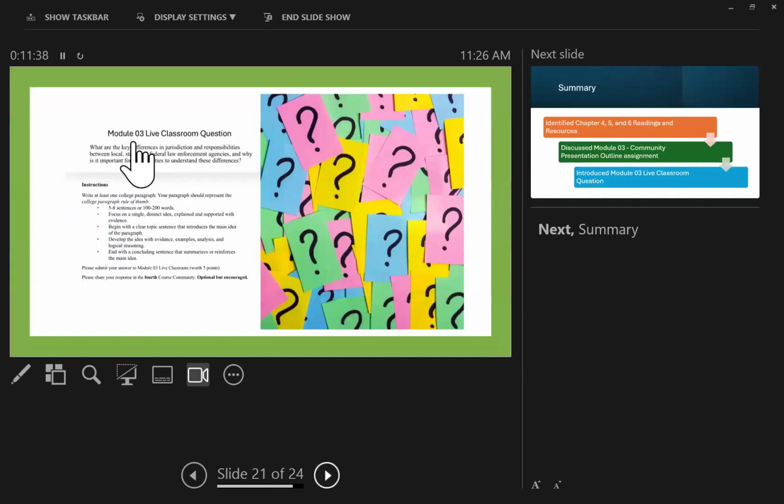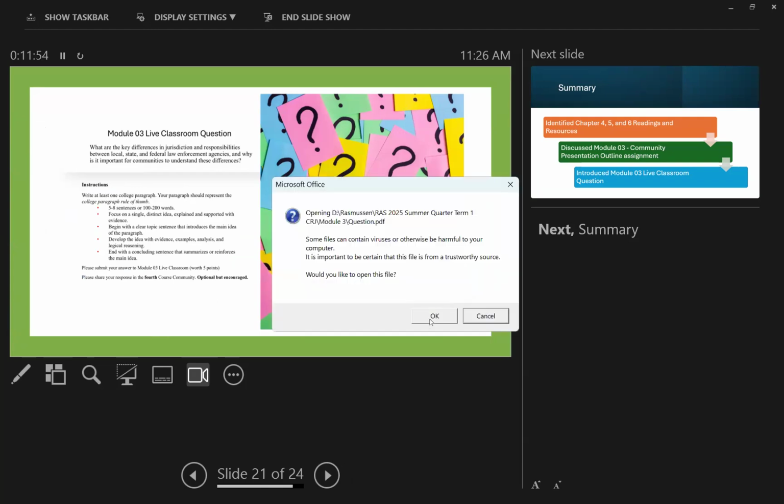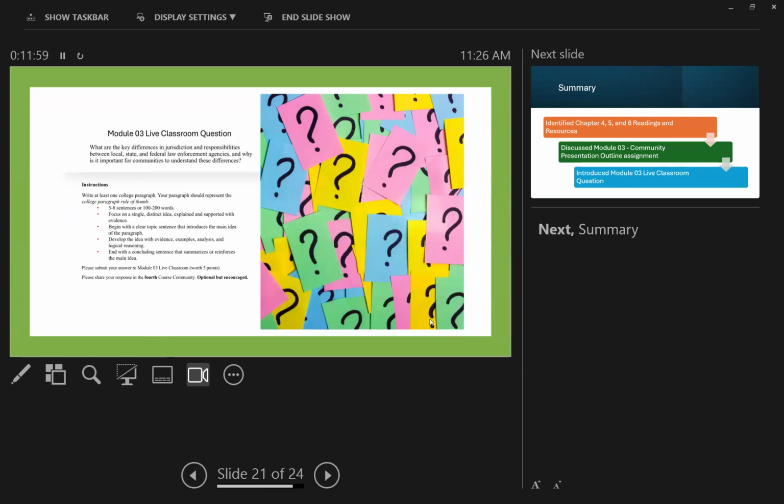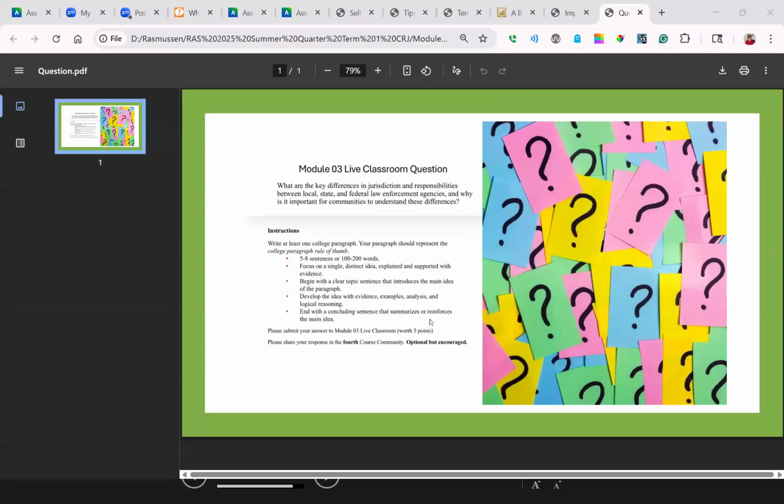Next, we're going to look at the Module 3 live classroom question. In case you're having problems reading that, I'm going to share another page with you. Okay, so here's the question.